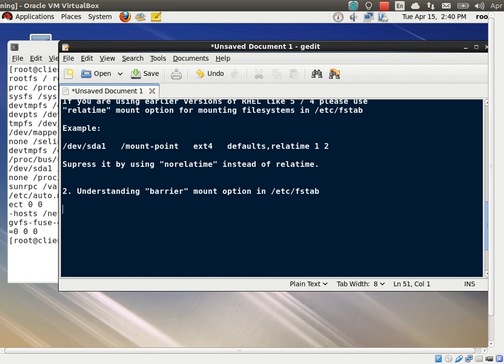Here it is, understanding the barrier. The barrier actually controls your JBD, the journaling block device.